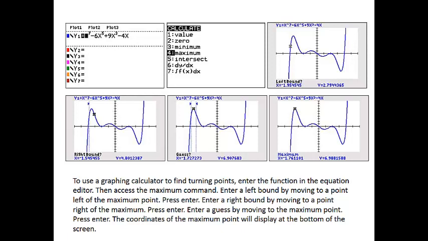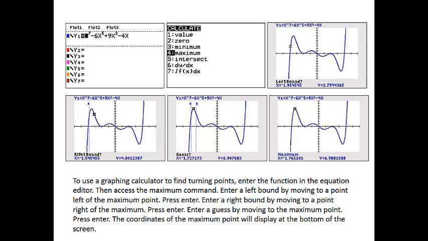And what I have here are screenshots from the graphing calculator to show you how to identify the coordinates of the maximum points. The minimum would be very similar to this. We just use a different function. But you will enter the equation on your calculator, and I will actually give you a calculator video that will show you this.